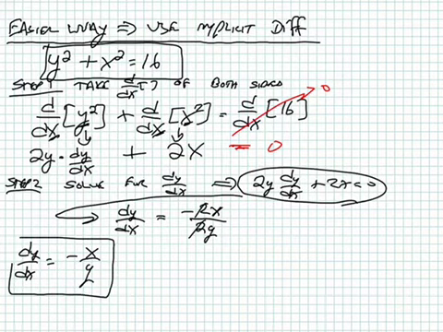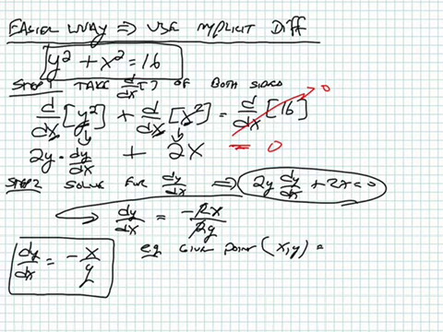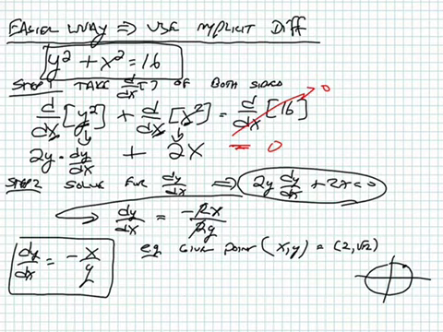And so I didn't have to break it up into piecewise, and I just do it as one single function. Now, if I'm given an x and y value, for example, if I'm given the point (x, y) equal to (2, square root of 12), if I go back to my circle, that was this point up here.